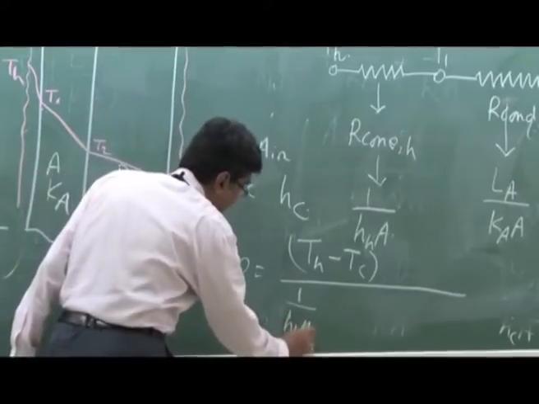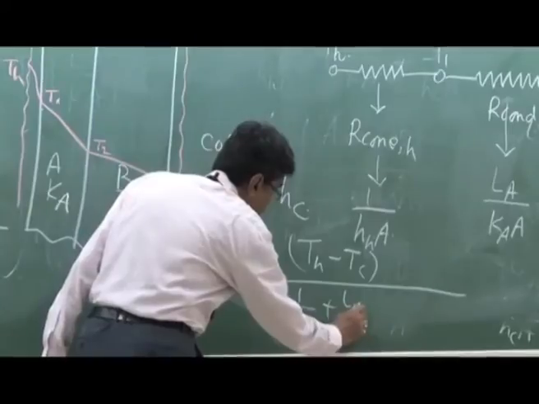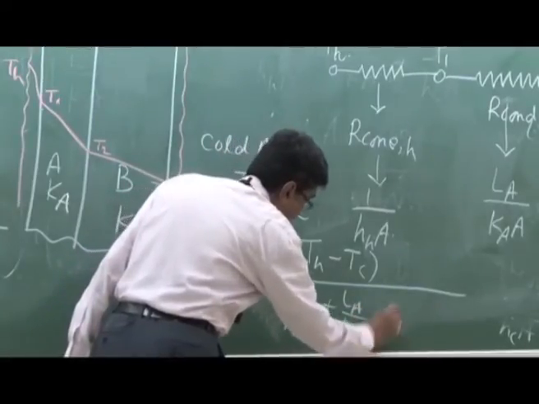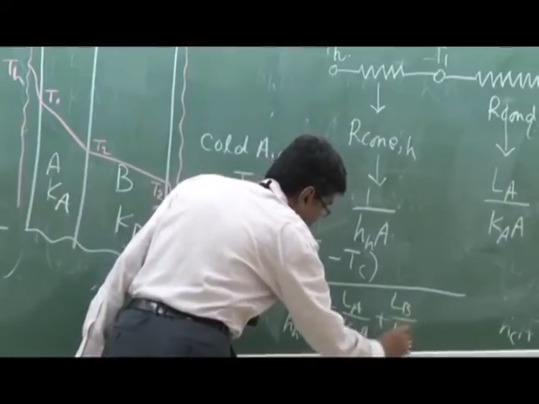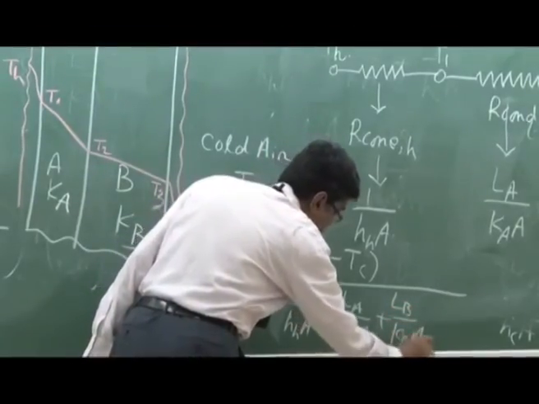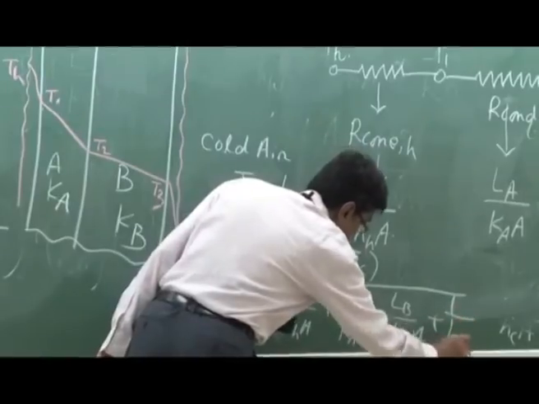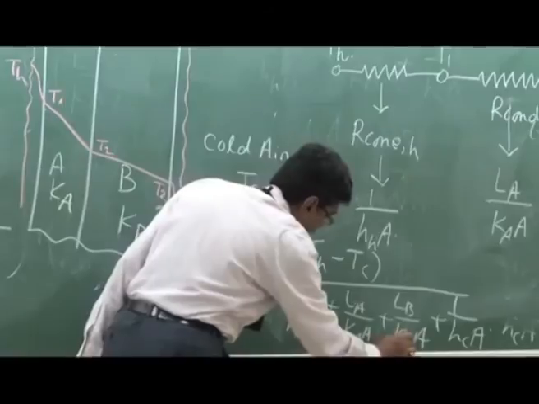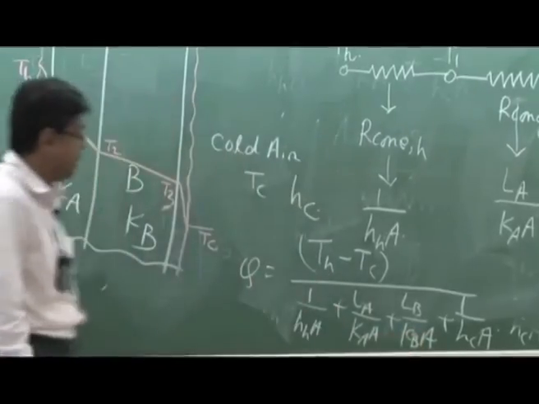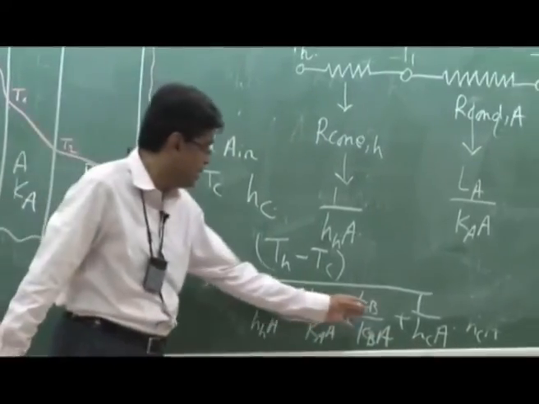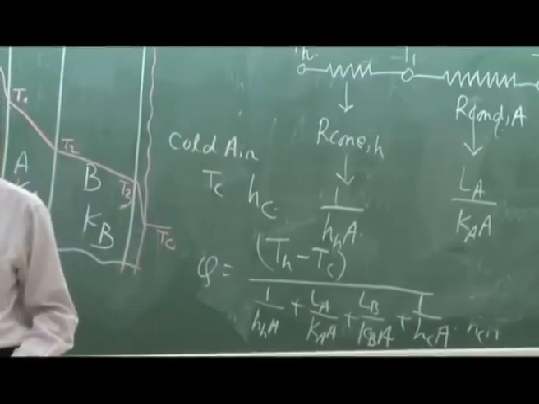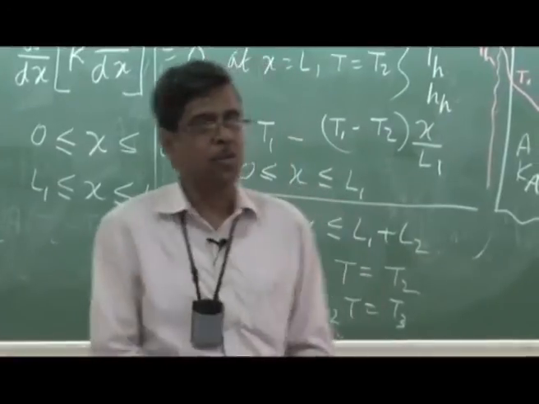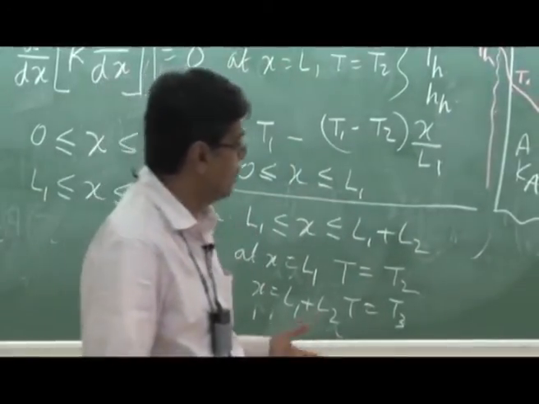The only thing is that there are two conduction resistances, LA by KAA, LB by KBA, plus 1 by HCA. So these are the two conduction resistances in series along with the convection resistance. So this is a series network problem of steady one-dimensional flow.